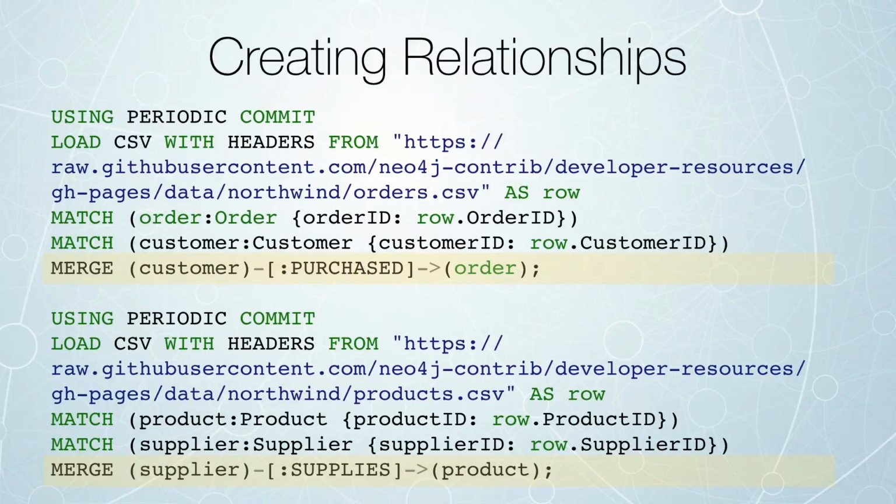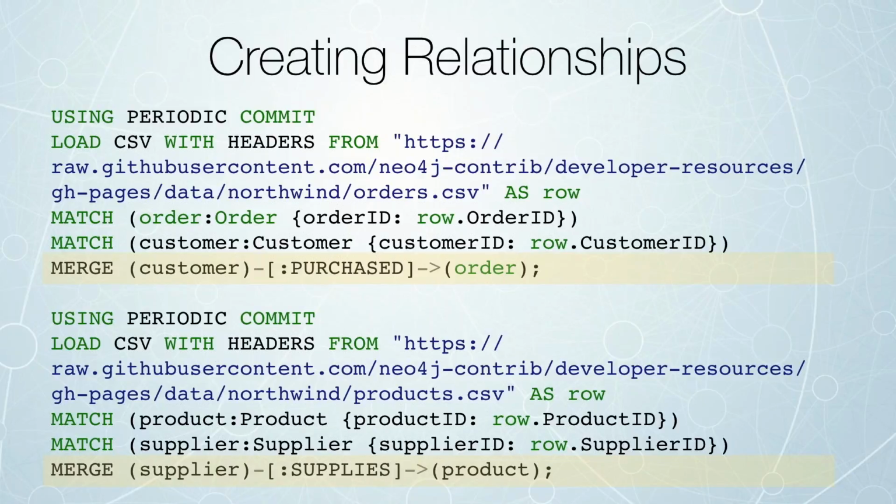That's what these match statements are. So finding the order and customer that's referenced by this CSV file and creating the relationship. We're creating this purchased relationship between the customer and the order. And we can see that here as a merge statement rather than a create statement. That basically ensures that we don't create duplicate relationships.